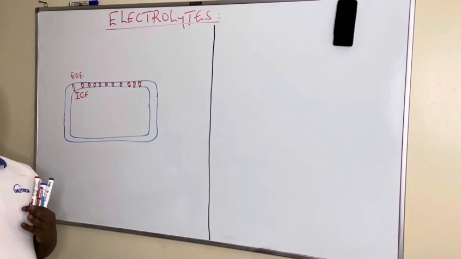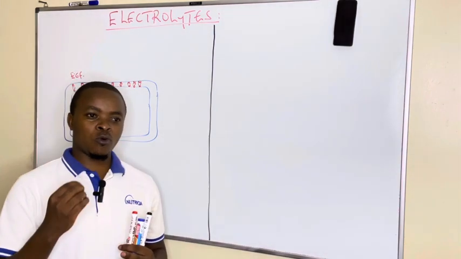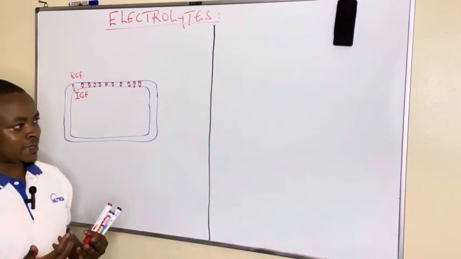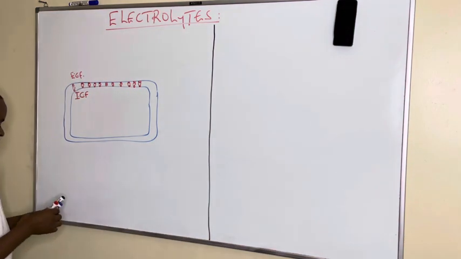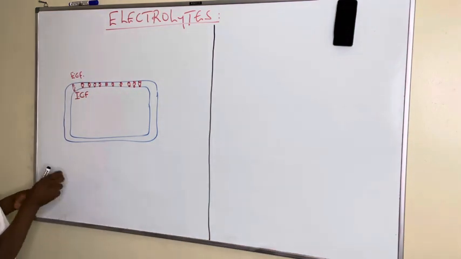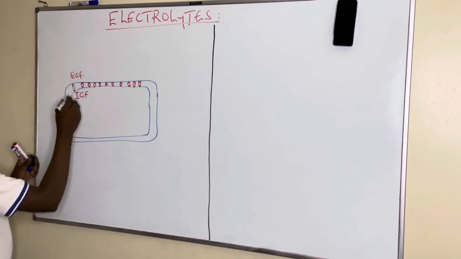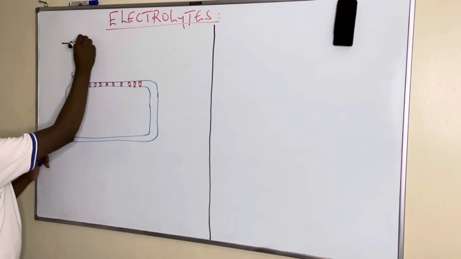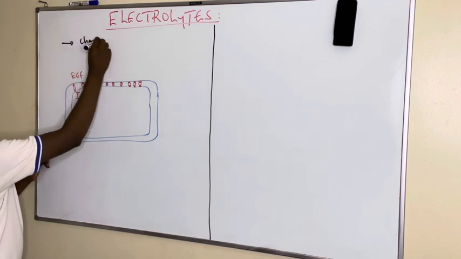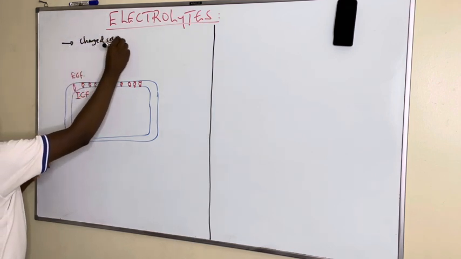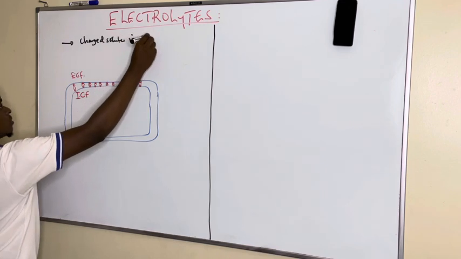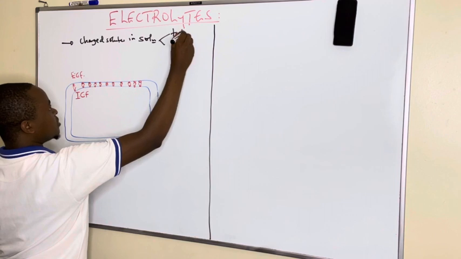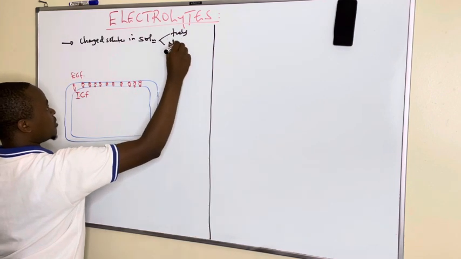So we are seeing electrolytes, and the word electrolytes comes from the word electro, meaning charged. These electrolytes are solutes, charged solutes in solution, and these charged solutes can either be positively charged or negatively charged.